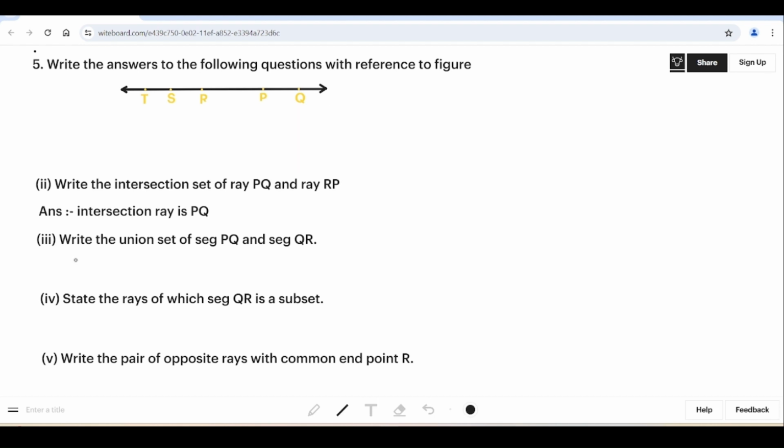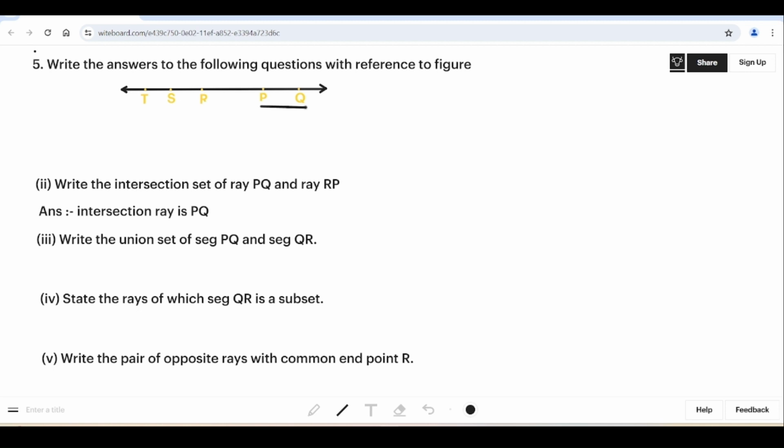Next question is: write the union set of segment PQ and segment QR. Union means all together. Therefore, segment PQ is P is here and Q is here, and then Q to R. Therefore, their union will be all together from P to R. I will show you. The first one is PQ, right?